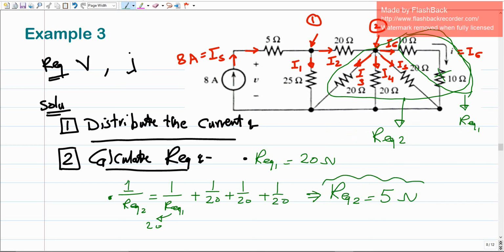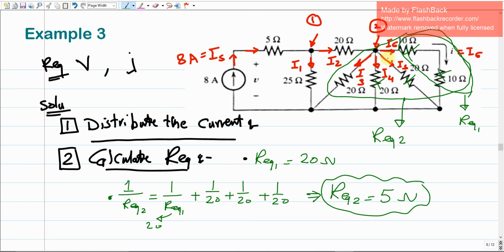So what we've done so far is combine all of these resistances together into R equivalent 2 with 5 ohms. Then if we cancel all of these resistances except only one with 5 ohms, what is the relation of this resistance to I2, or the 20 and the 25?